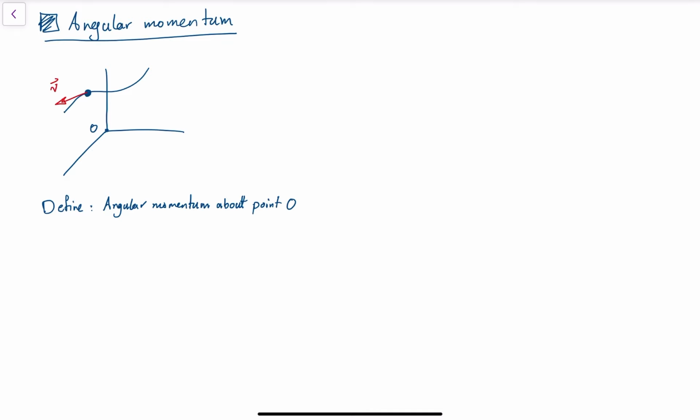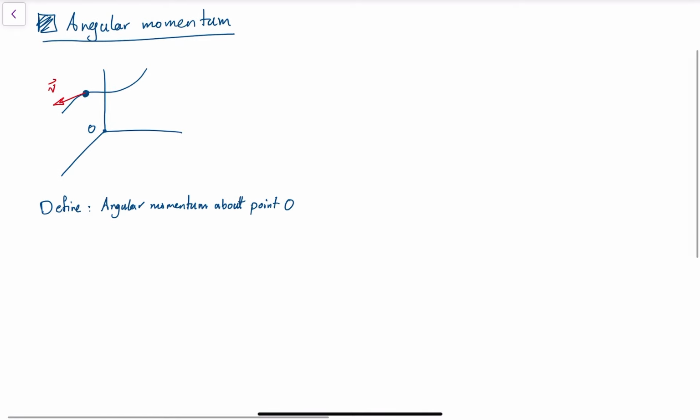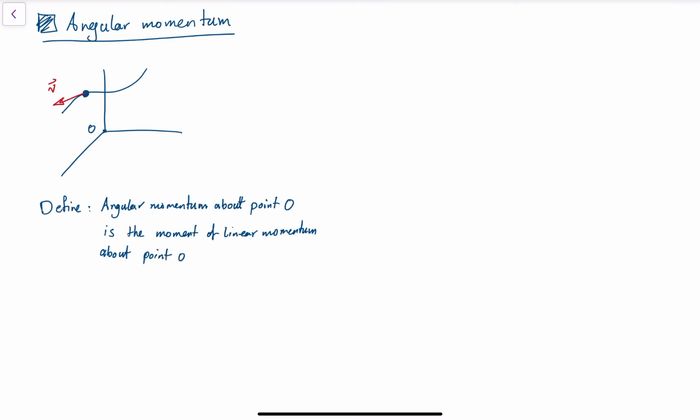It is defined as the moment of linear momentum about point O. Let's see what we mean by moment of linear momentum.